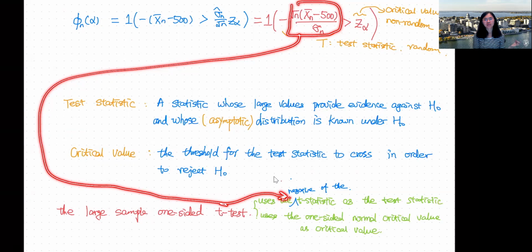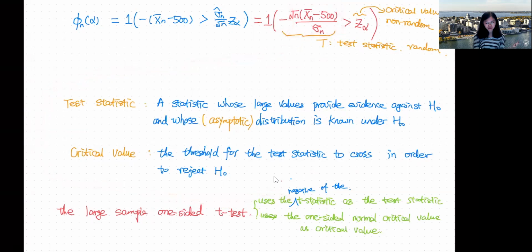Whenever we test about population expectation, it's convenient to use this statistic as a way to generate the test statistic, and that is the t-statistic. Our test statistic is the negative of the t-statistic. And we use a one-sided normal critical value as the critical value.